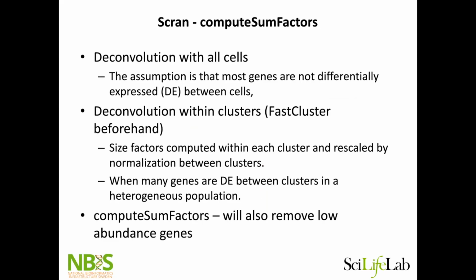And this can be run in scran either just with random sets of cells within your whole data set, or you run clustering first, and then you do this pooling just within each cluster separately.